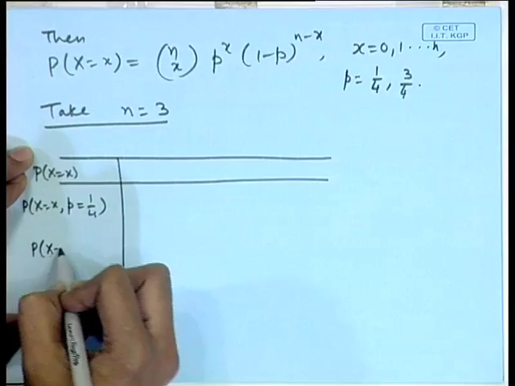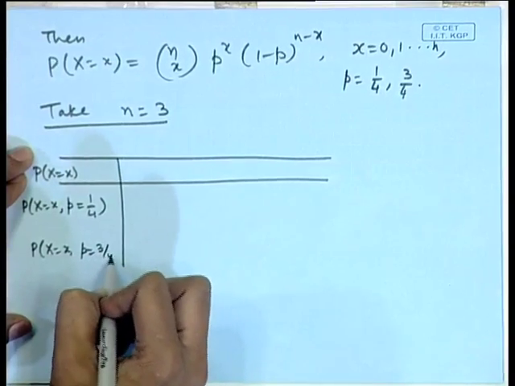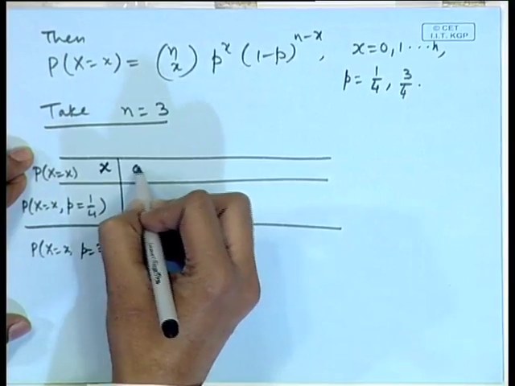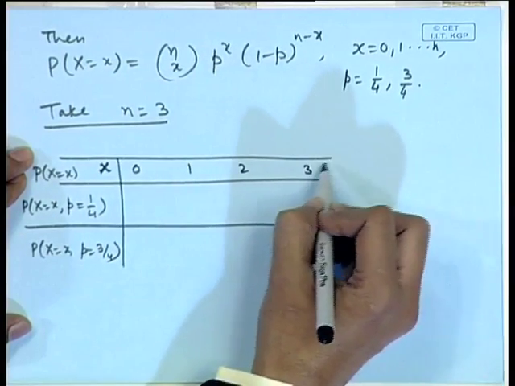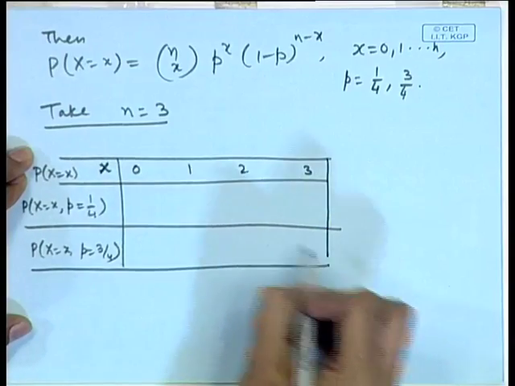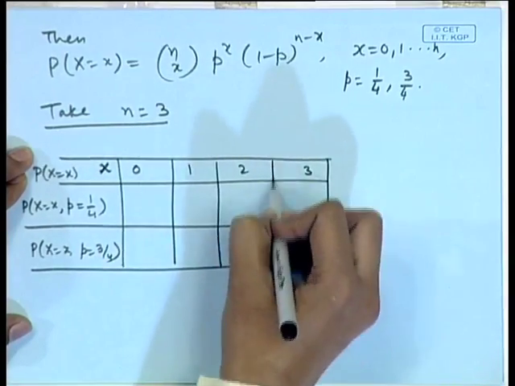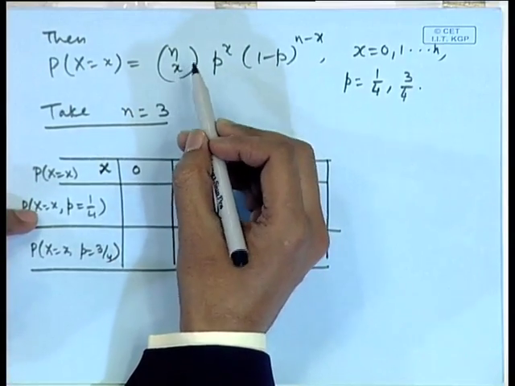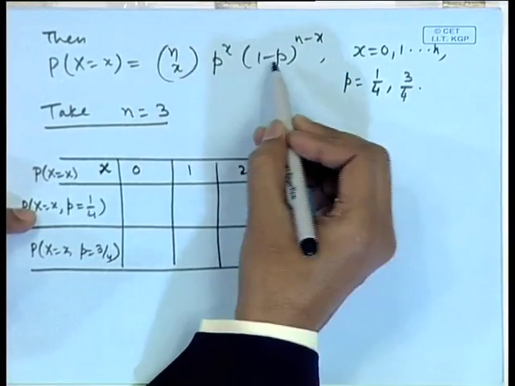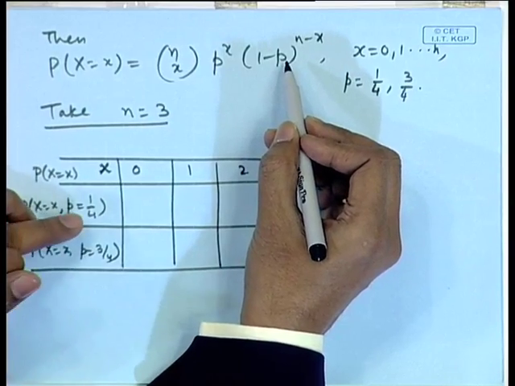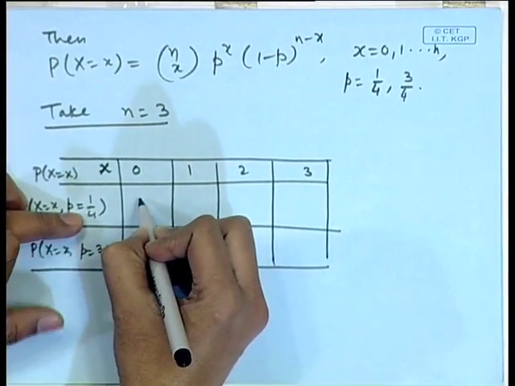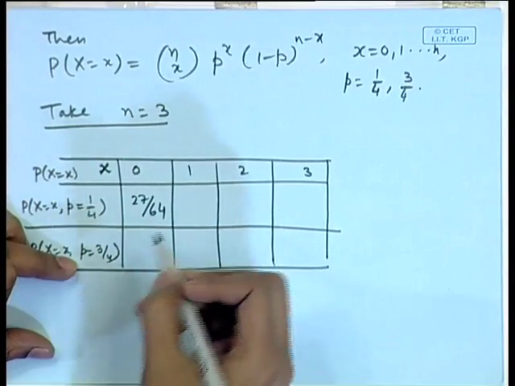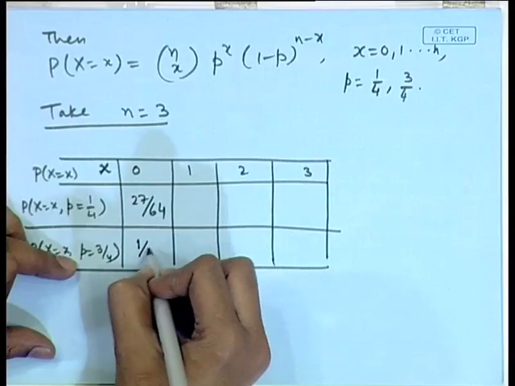What is the probability of X equal to x when p is 3 by 4? And on this side let us take the various values of x. X can take values 0, 1, 2 and 3. Since n is equal to 3, the probability that X equals 0 will be (1 minus p) cube. So, if p is equal to 1 by 4, it is simply (3 by 4) cube, that is 27 by 64. When p is equal to 3 by 4, (1 minus p) cube becomes (1 by 4) cube, that is 1 by 64.